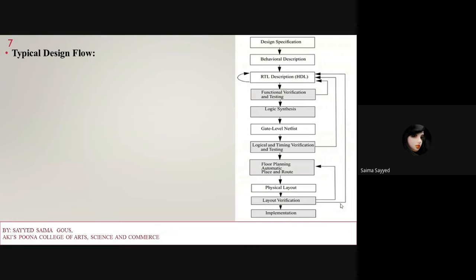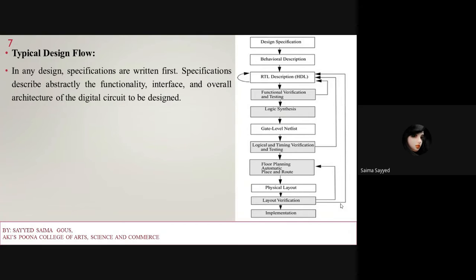Next, the typical design flow of Verilog. This is HDL, or Verilog. So this is the typical design flow of Verilog coding or Verilog designing. First is design specification. In any design, specifications are written first.